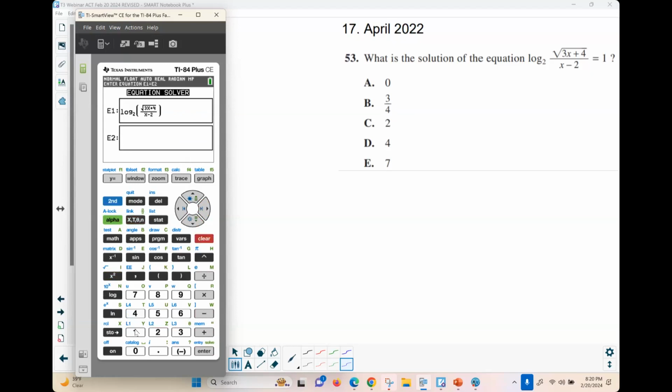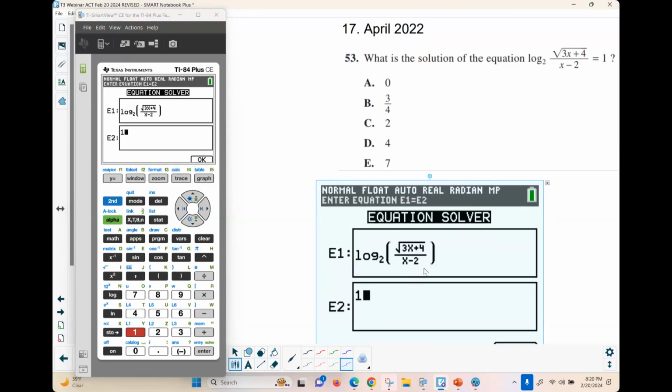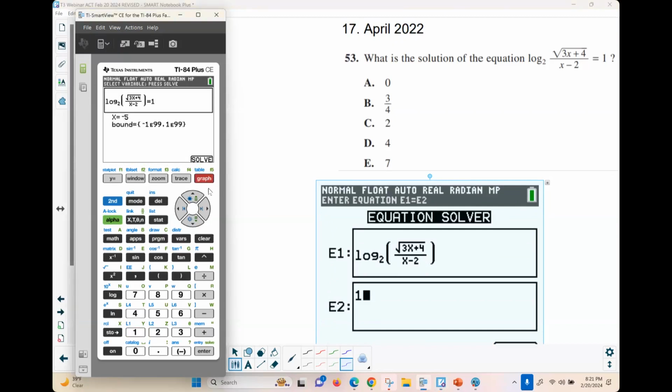And I only need to type in a lonely 1. So let me see if that looks about right. Yeah, it looks about right. So when you're using something like this, these are the hotkeys along here. Since I want to do okay, that's underneath graph. So I'll press graph to say, okay, I'm ready. Now this is not the answer.